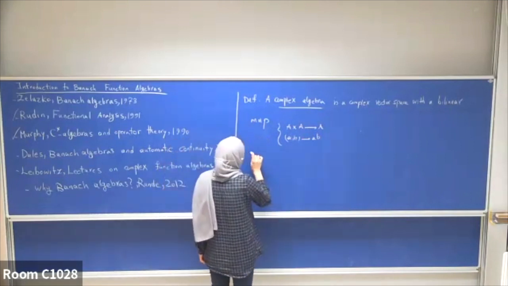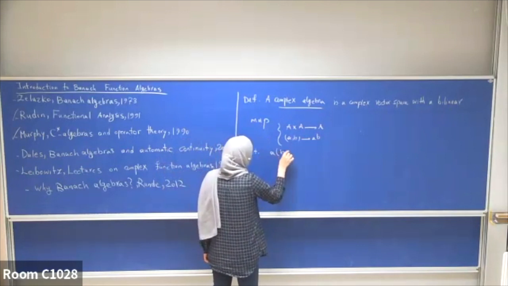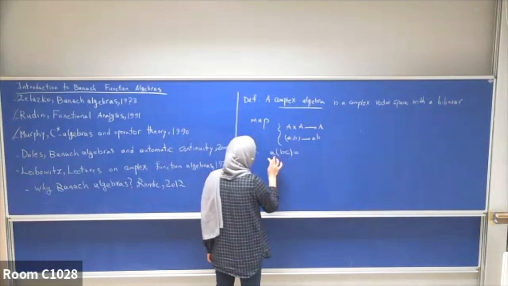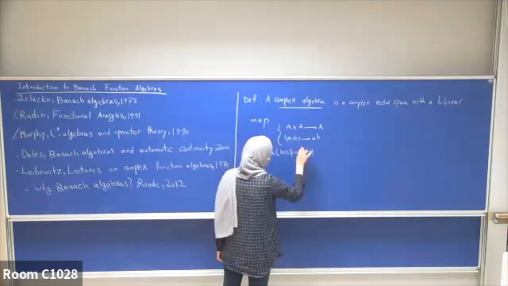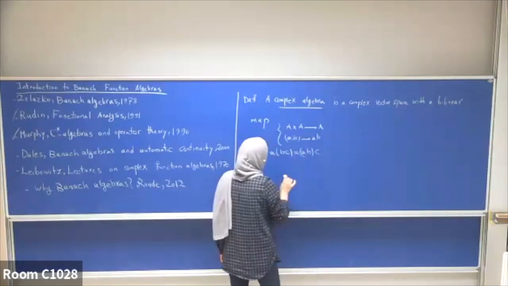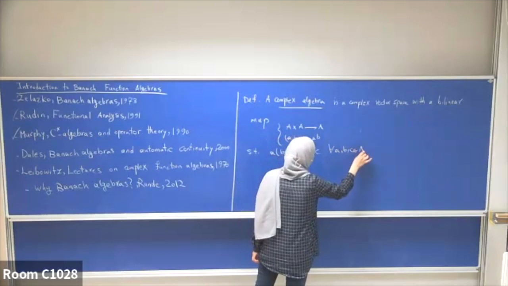I mean that for each A, B, and C in A, we have A times BC is equal to AB times C.